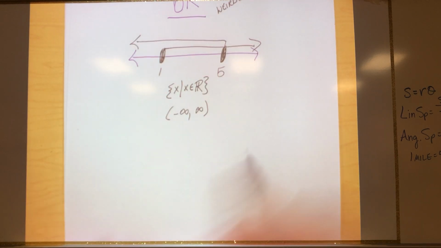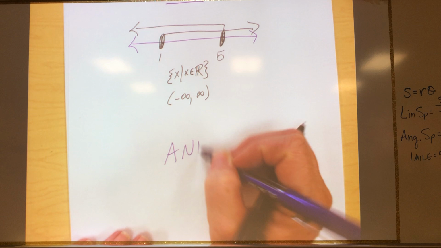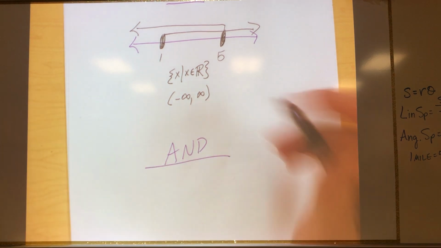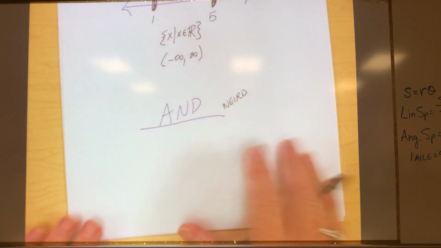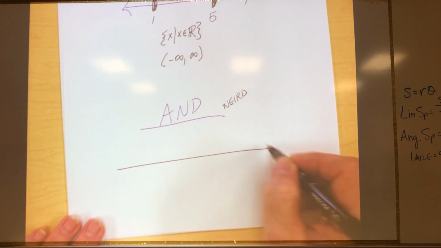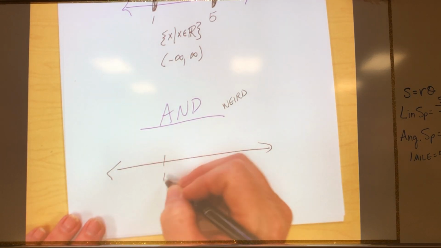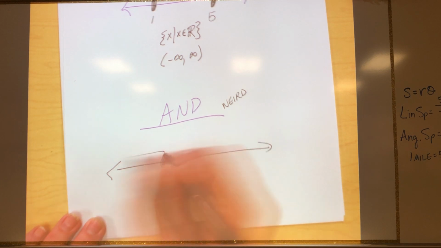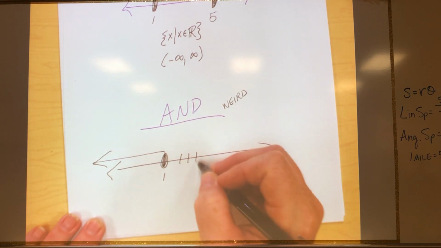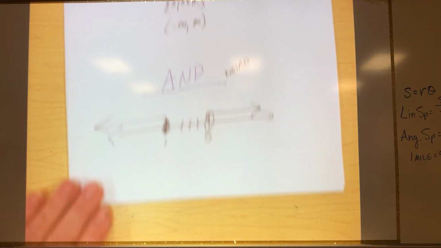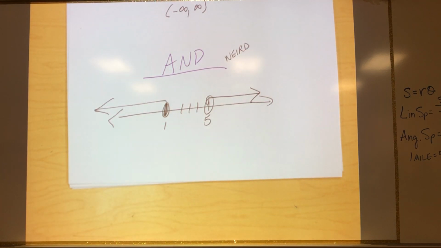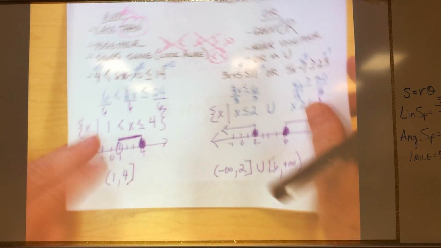Okay? What if I gave you an and statement, or what if you ended up with an and statement, and he was weird also? Most of them don't look like this, but you ended up with an and statement, and when you graphed it, he looks like this. Remember how we graphed our and statement right here?